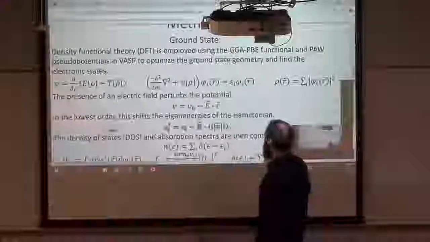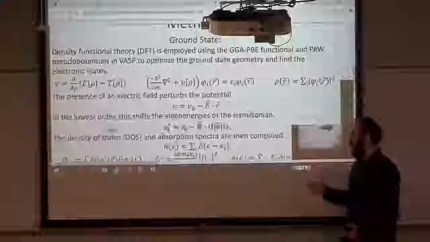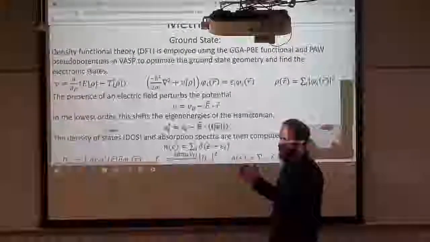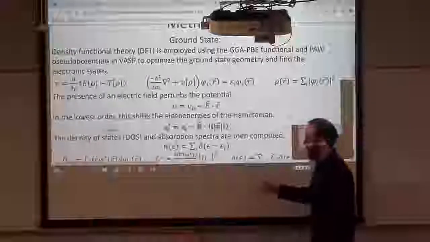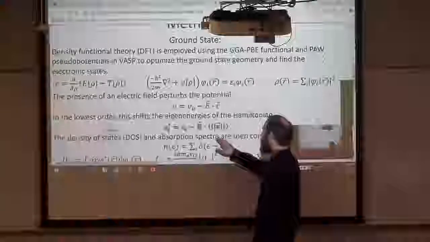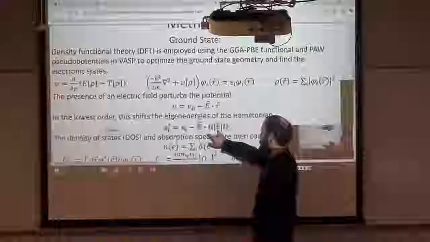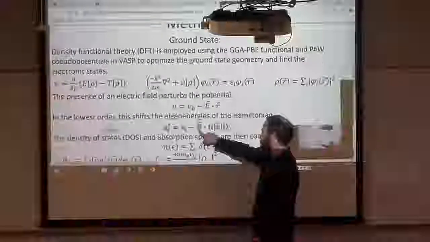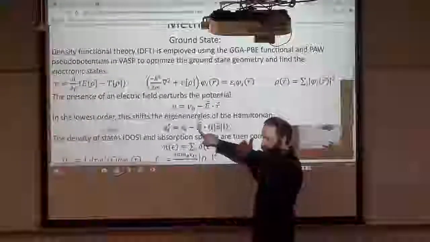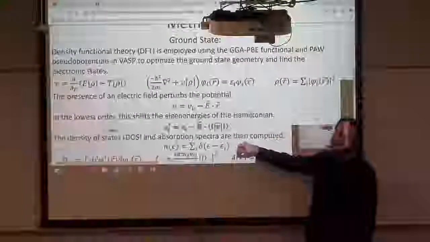The nuclei represent the positive end of the dipole, and since that's constant for every orbital, that never changes, you can essentially just remove that from the equation and you still get the same relative structure. So we use this equation with the only real difference being this vector is just replaced with a scalar since it's pointing straight up or straight down, and this R vector is replaced with the Z position.